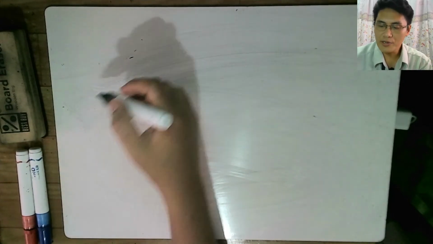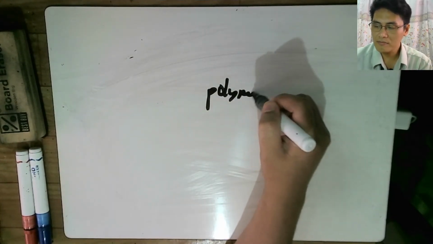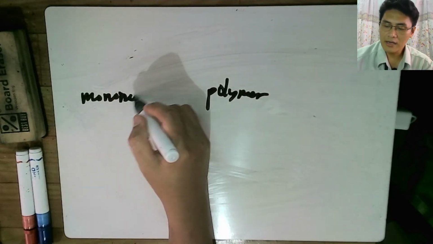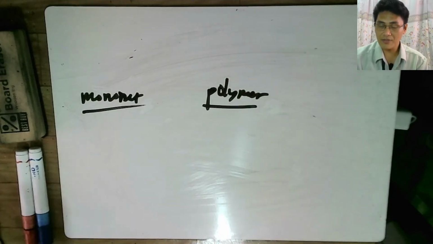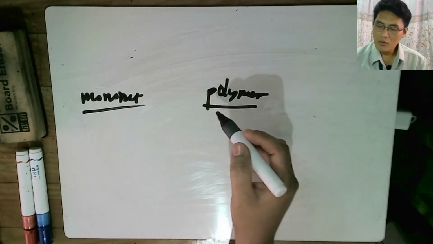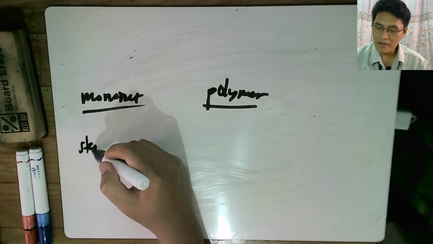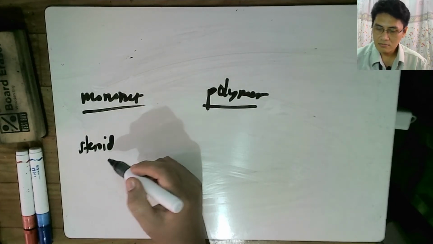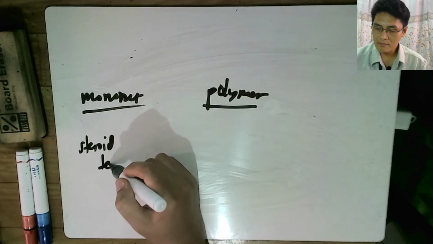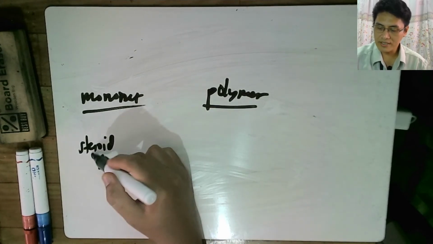Now, in relation to what we call monomers and polymers, which is kind of like a running theme in lipids or biomolecules in general. Well, the monomer there are the steroid based structure. I will just call this a template.